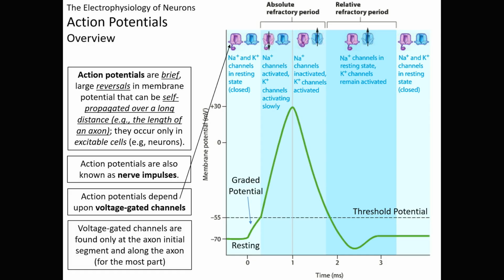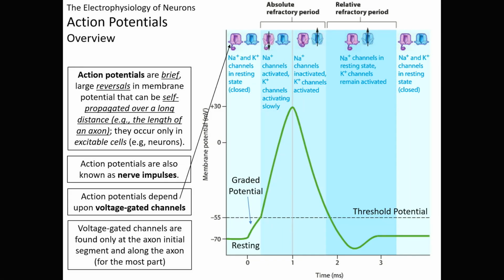And in particular, the stimulus for these voltage-gated sodium and potassium channels is getting the membrane potential to the threshold potential value. That's the particular stimulus that they are looking for. They're looking for the membrane potential to get to or even above the threshold potential value. That is the stimulus that is going to activate the voltage-gated sodium and voltage-gated potassium channels.